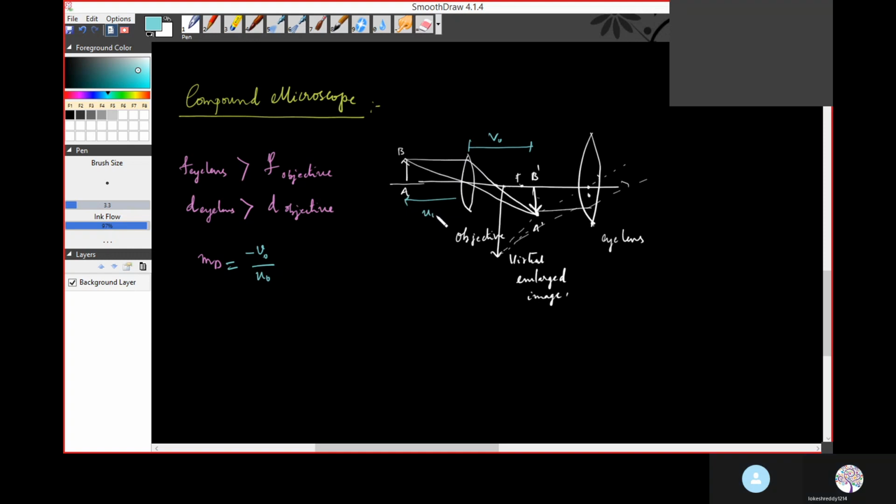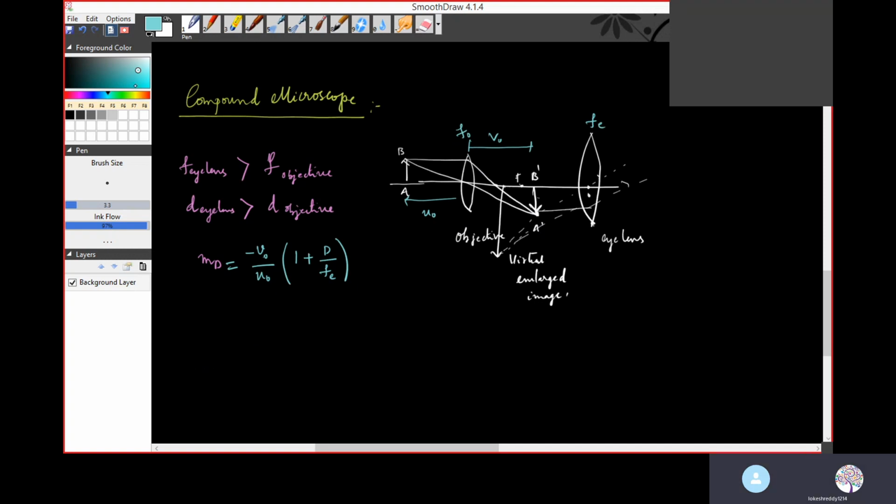It acts like a microscope, so you can write the formula 1 plus D by Fe, where Fe is the focal length of the eye lens and Fo is the focal length of the objective.